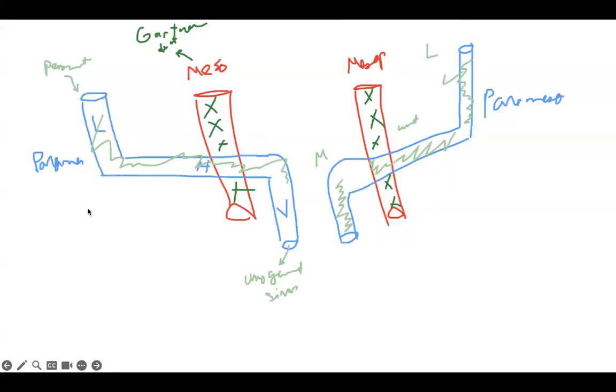The cranial vertical part, lateral to the duct, and the middle part will not fuse.